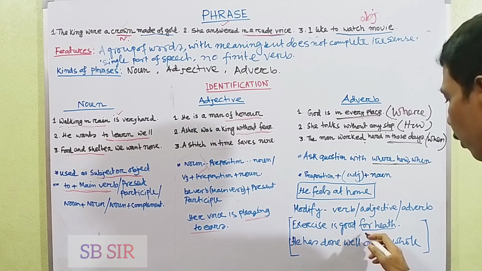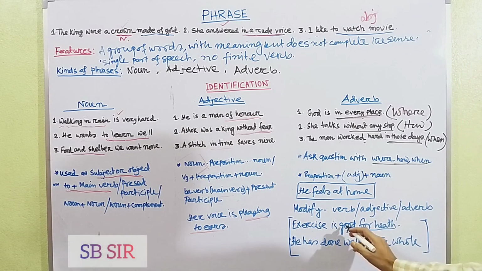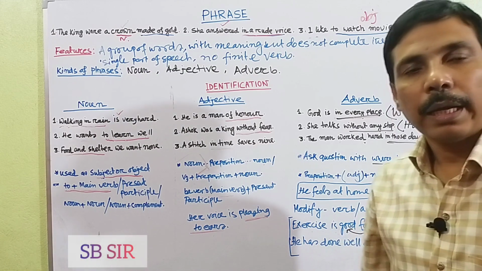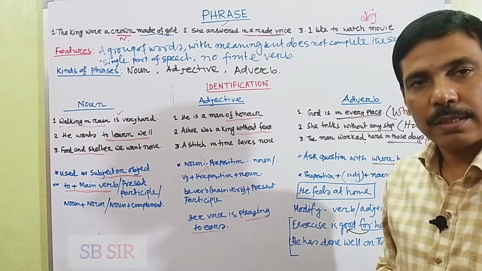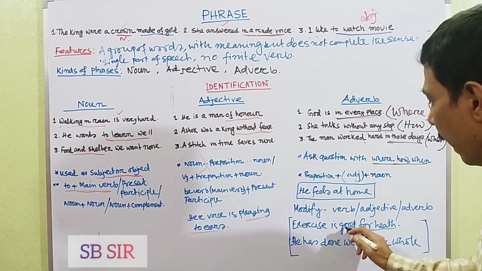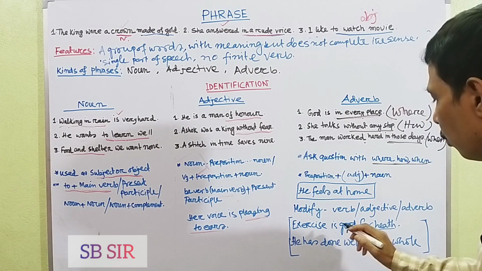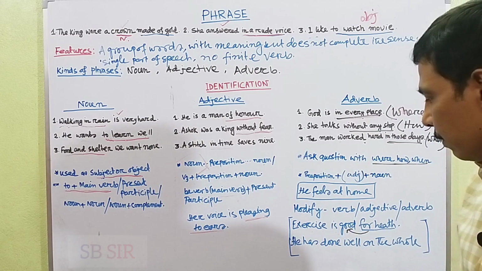Exercise is good for health. For health is an example of a phrase, and this phrase modifies the adjective good. So it is also an example of adverbial phrase.